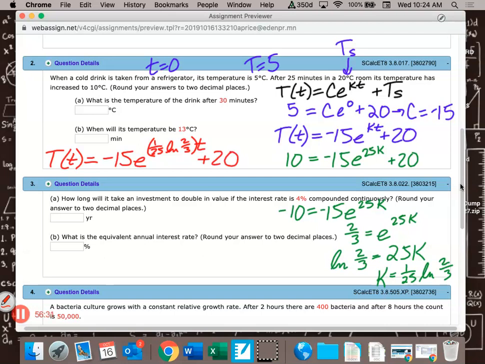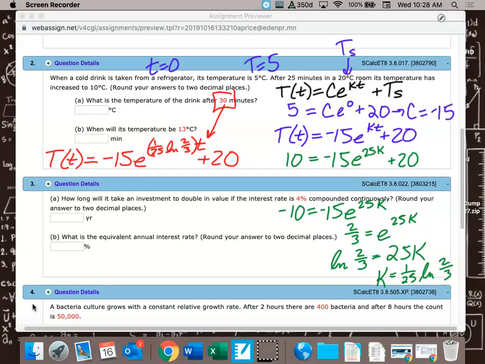There's your model. The first question is, what is the temperature of the drink after a given time? Then, when will the temperature be 13? For that one, you insert a temperature for big T and solve for little t. Go ahead and do those two problems. I'm going to pause the video.